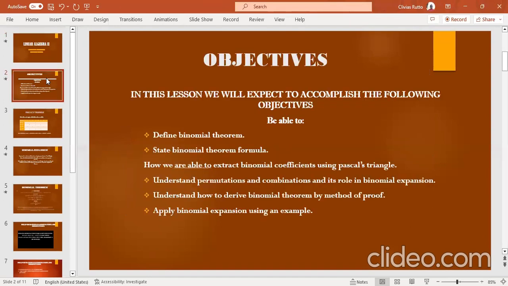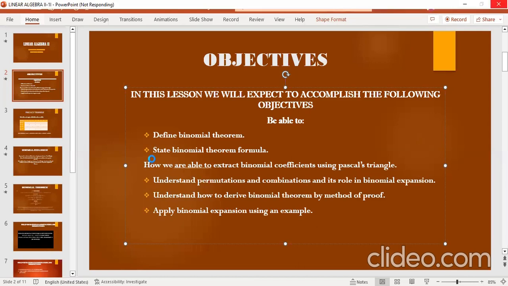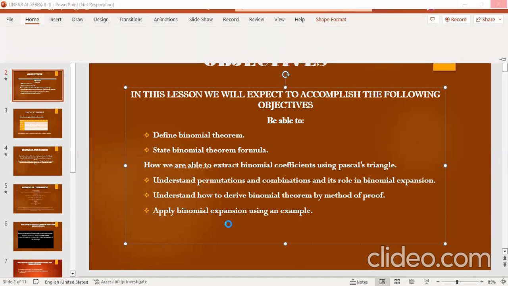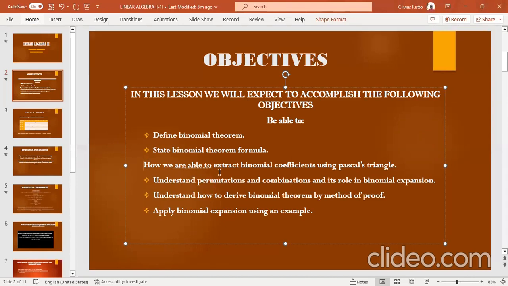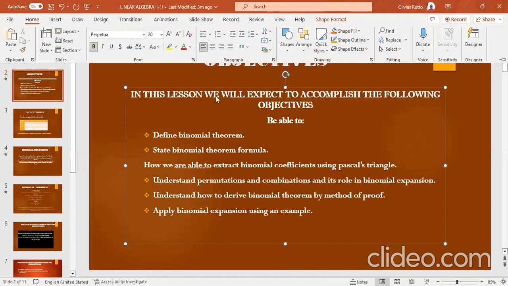So the objectives of this lesson will be: one, we'll try to define by the formula the binomial theorem. We'll also be able to understand the relationship between the binomial theorem and the coefficients which form a triangular pattern, something we call Pascal's triangle.